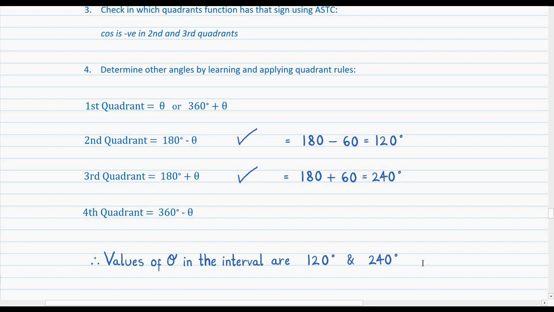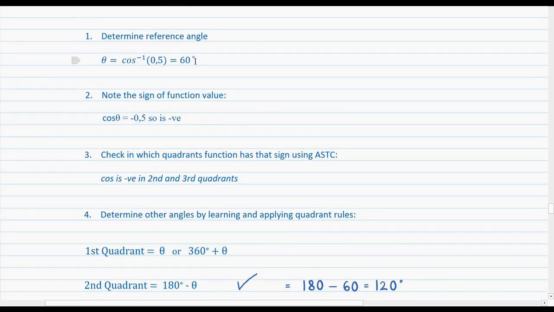And there's a key thing to note here. Notice that in the actual solution, this time we didn't actually include the reference angle of 60 degrees. And that's because it isn't a solution in this case. And this example more so shows why it's actually called a reference angle, in that you refer to it in finding your solution, but it isn't necessarily a solution itself.